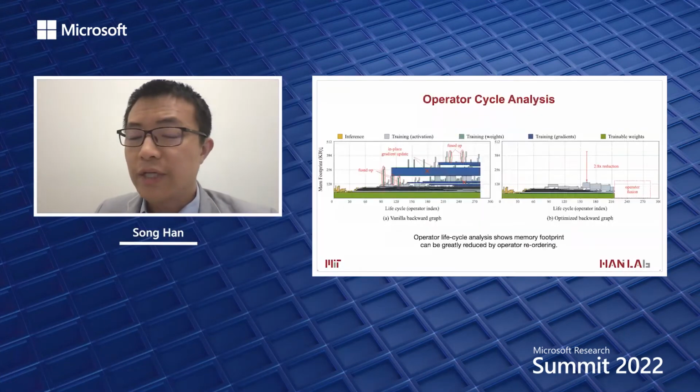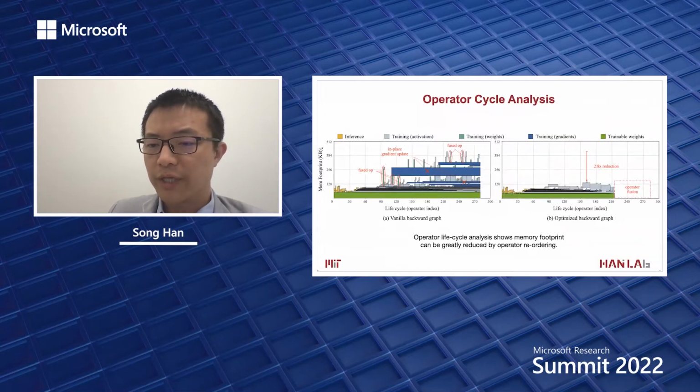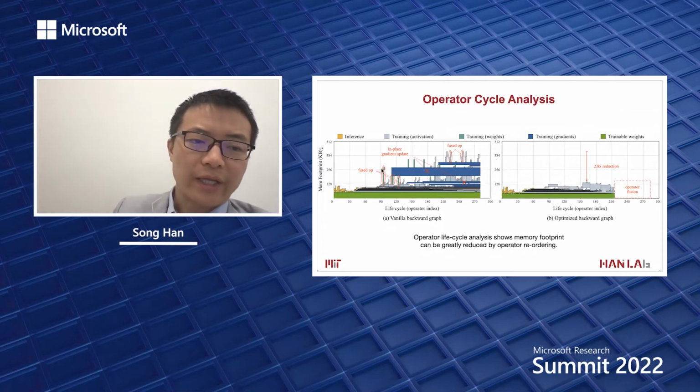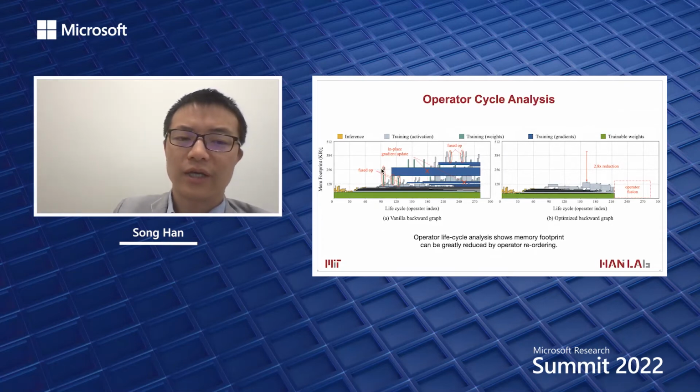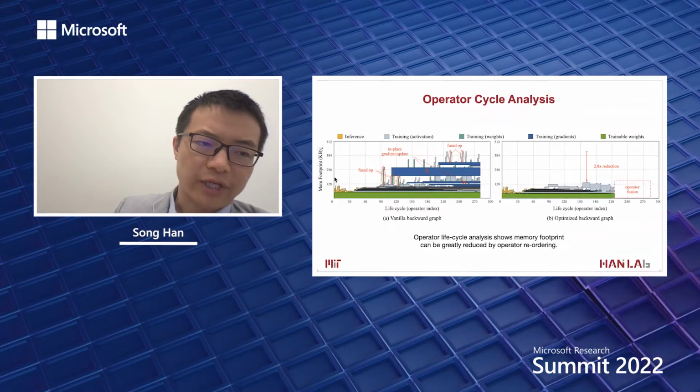All right, so finally we performed this operator life cycle analysis. Remember we performed this reordering and an in-place update, so therefore we can minimize the life cycle of those redundant operators. The x-axis is the operator index, and the y-axis is the memory footprint.